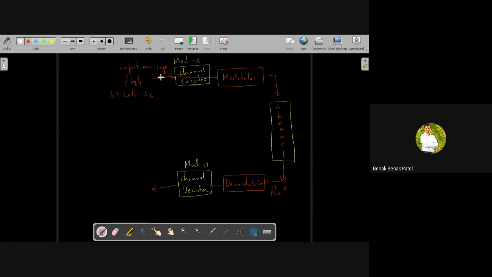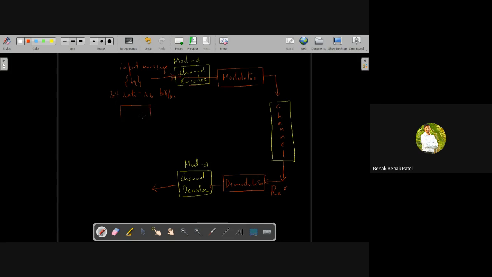So the bit rate at which bk is being transmitted into the channel encoder is small r subscript b bits per second, and we call this message a block.